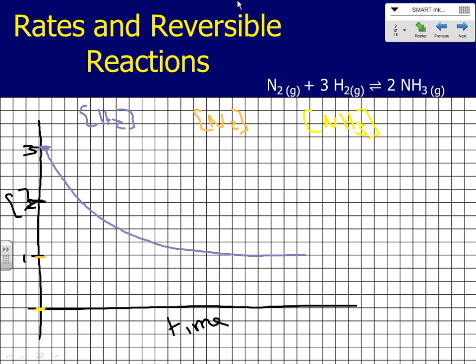It means that my N2 isn't going to get down to 0 as well. My N2, instead of dropping 2 units, it's going to drop only 1/3 of a unit. Because again, we still use our mole ratio. Let's not worry about the exact numbers right now, but it's going to drop down into that area there.